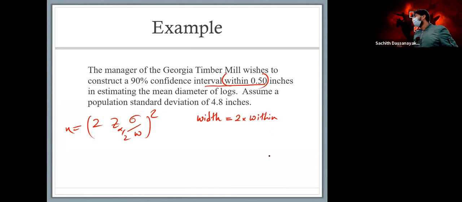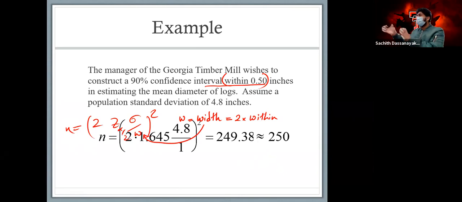If they have given the keyword within, you have to multiply it by 2 and plug it in here as W. So don't forget it. Within means half of the width, which means plus or minus 0.5. That's the idea behind it.